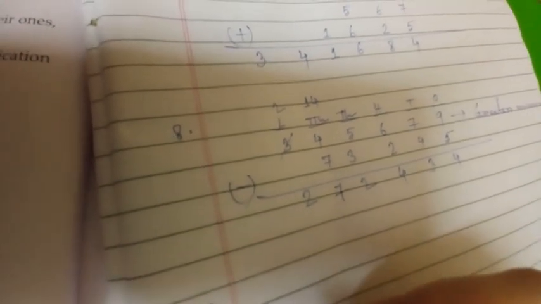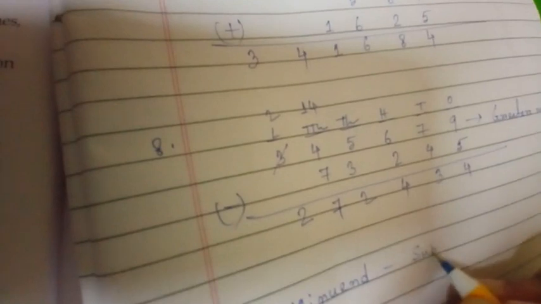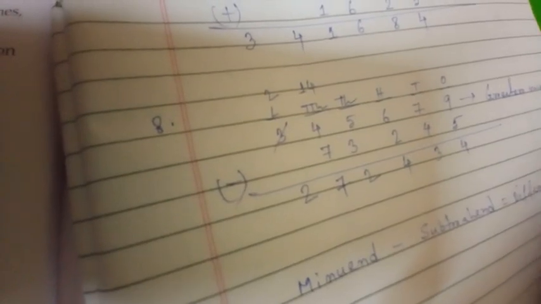As I told in my last video, we know that minuend minus subtrahend equals difference. So you will check one thing: what number is subtracted from this to give this. Here the minuend is given and the difference is given, but we don't know the subtrahend, meaning how much is subtracted from the given number to get this value.